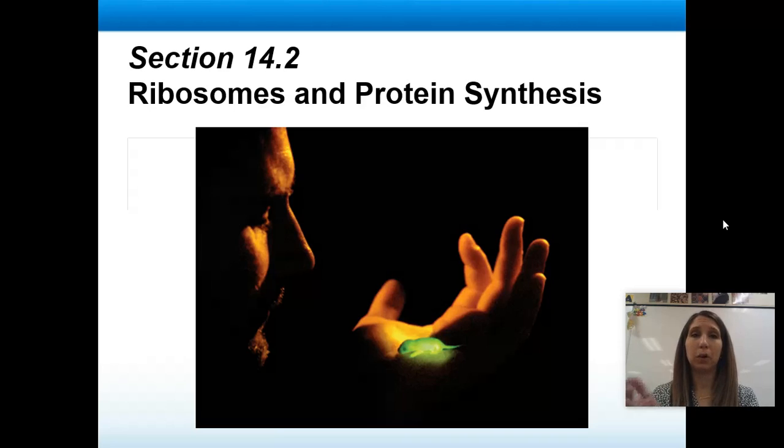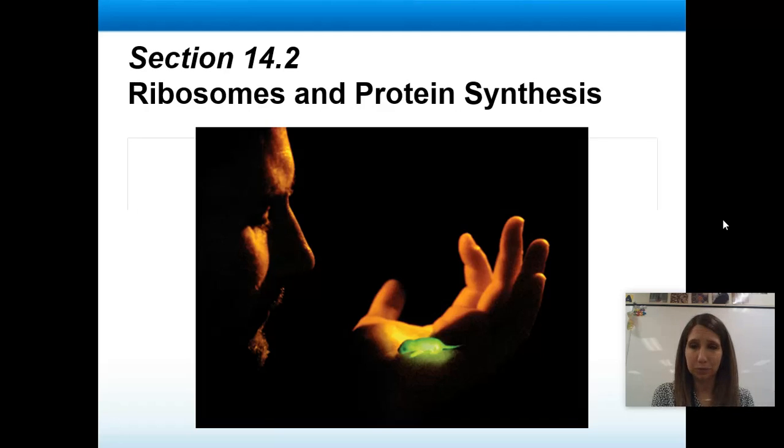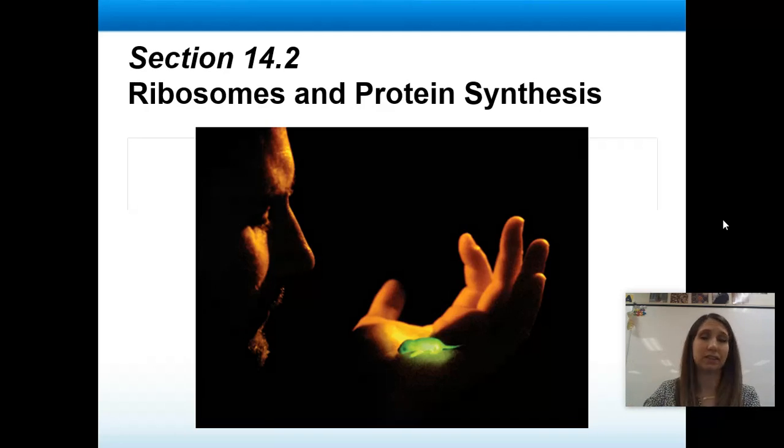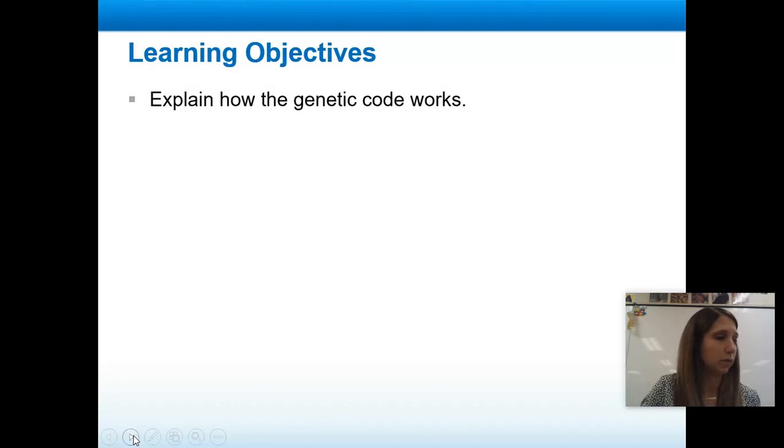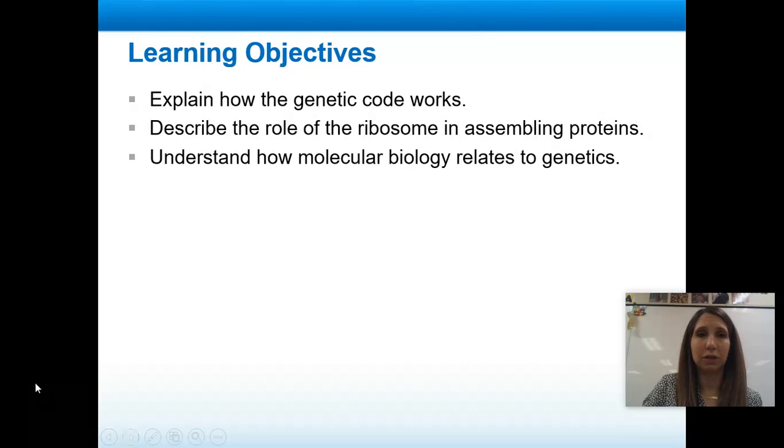With this protein synthesis process, you always have to have transcription occurring, and then you get to this next stage, which is called translation, and that's what we're going to discuss here. With this section, we have three objectives.